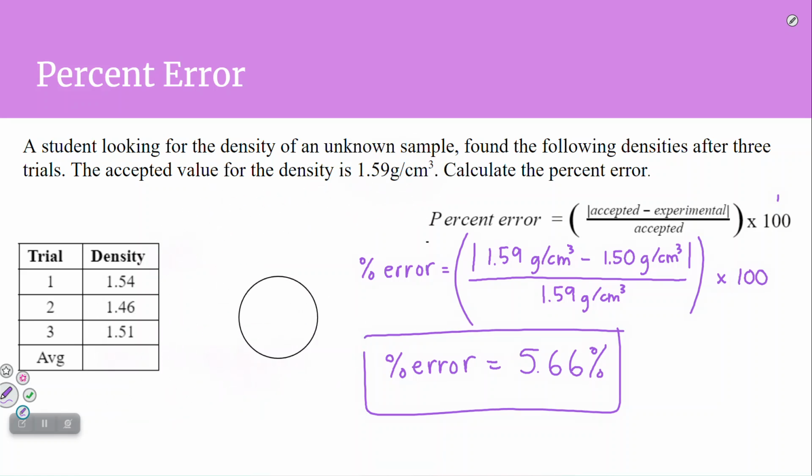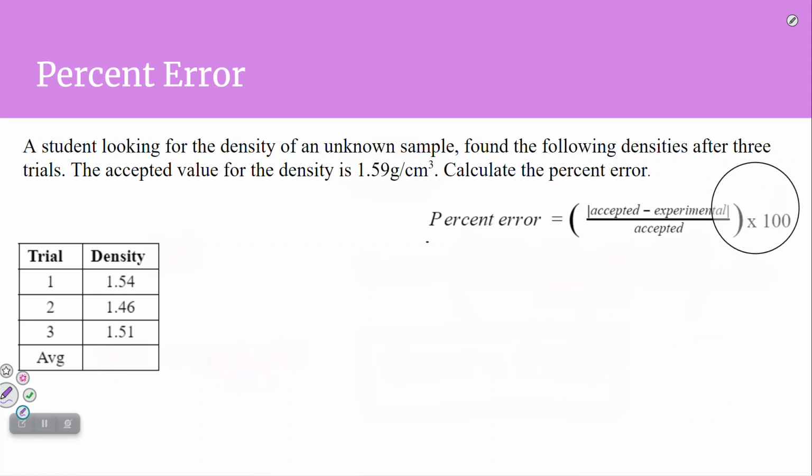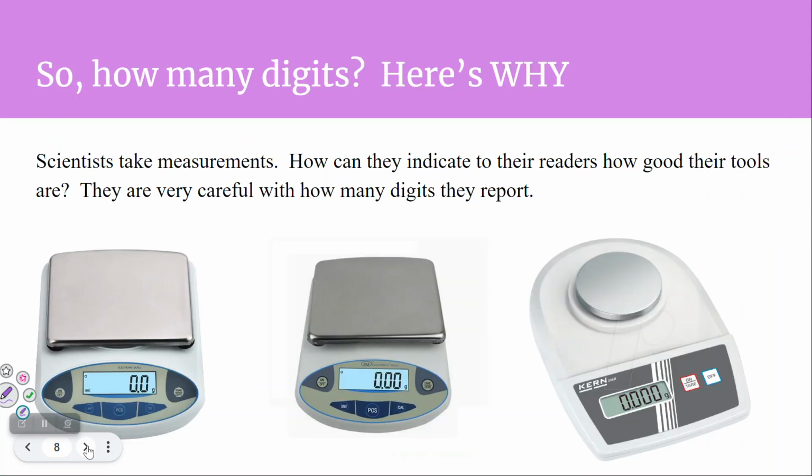Okay, I'm going to go ahead and erase all of this. Moving on to the next slide. Now we look at how many digits I report. We have 3 examples here of digital scales. I remember telling you when we first introduced the measuring tools that the scale you're most likely going to use in class is like this one here, which reports to 1 decimal place.